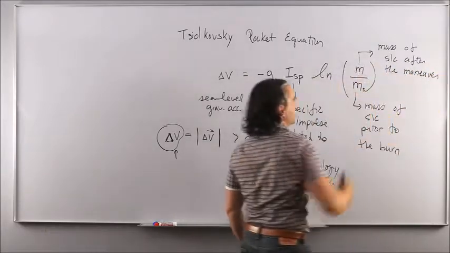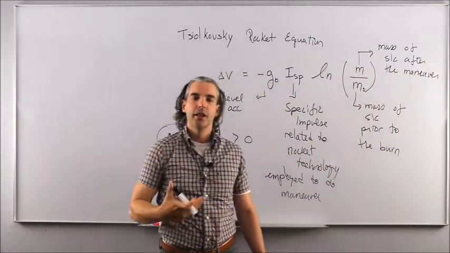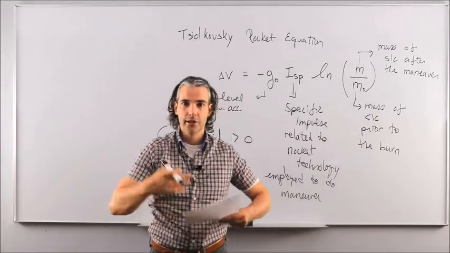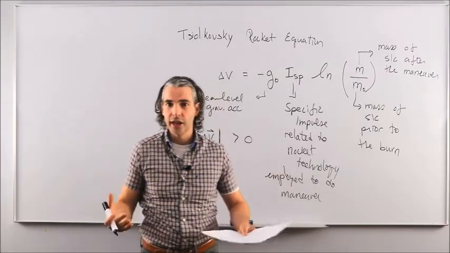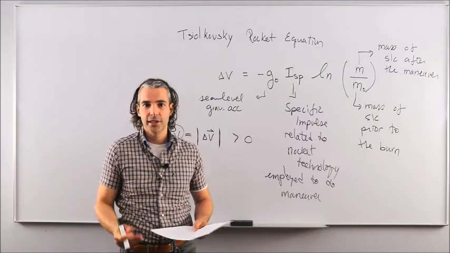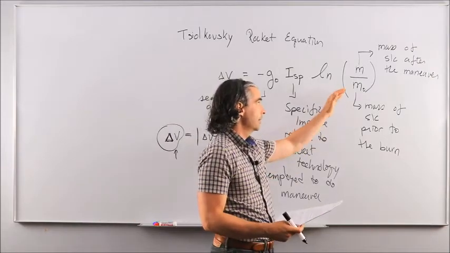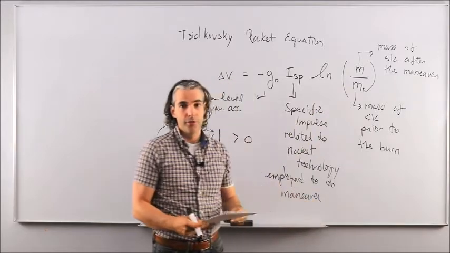And the reason why those two masses are different is because if you want to perform an orbital maneuver, it means that you need to use fuel, which is stored in some storage tank inside the propulsion system of the spacecraft, okay? Because you don't have an unlimited amount of fuel, obviously, on board.